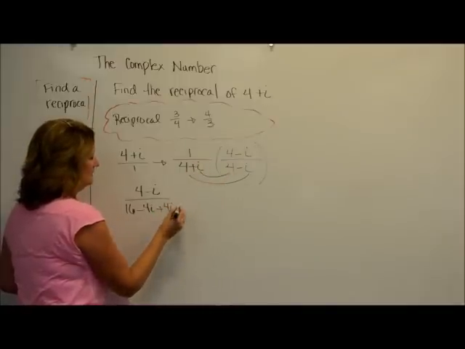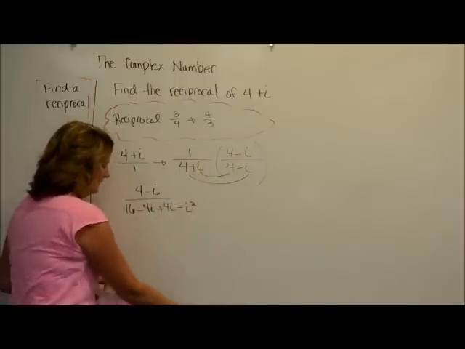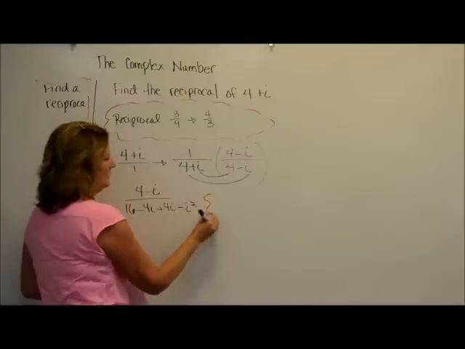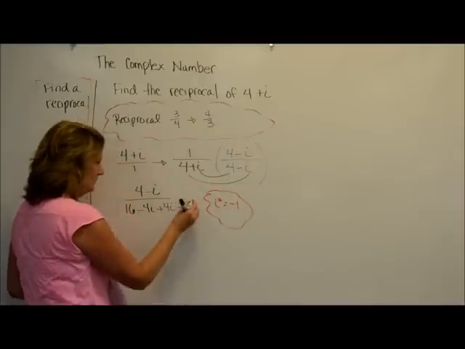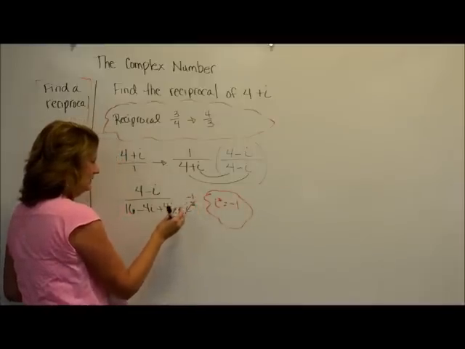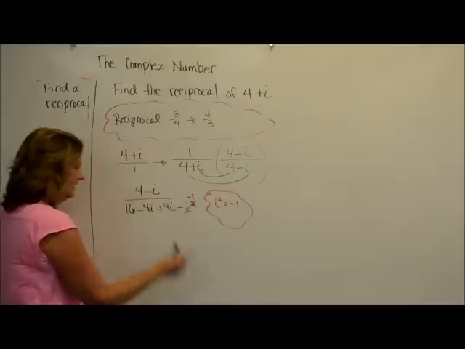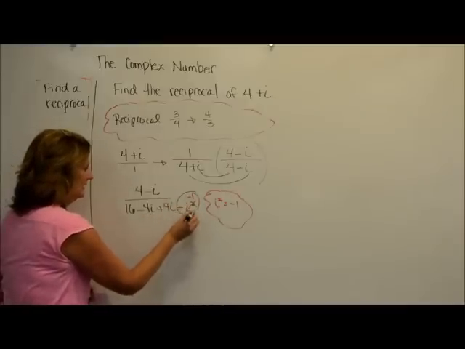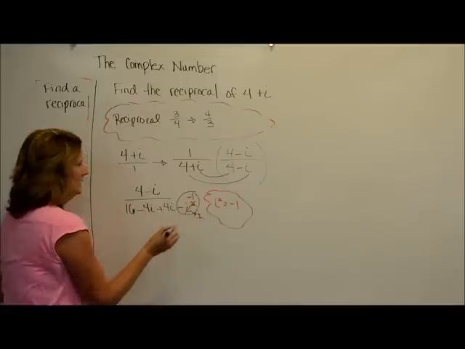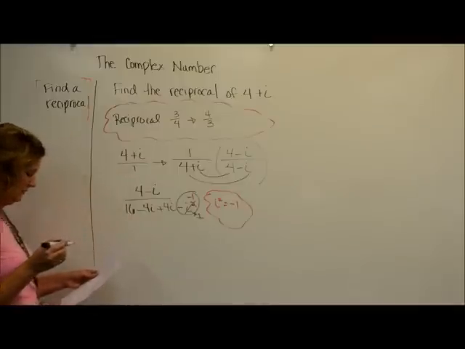And then my last one is minus i squared. And what do we do with i squared? Oh, that's right, i squared equals negative 1. So I'm going to replace it with negative 1. But I already had a negative there, so this whole thing is going to end up being a positive 1.